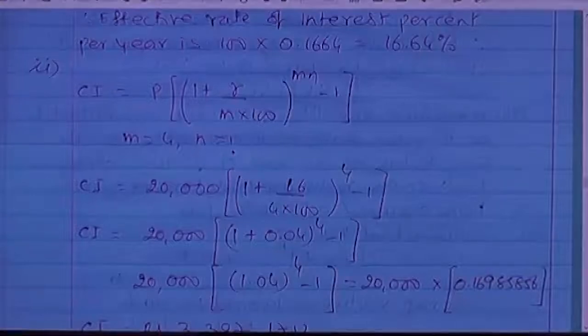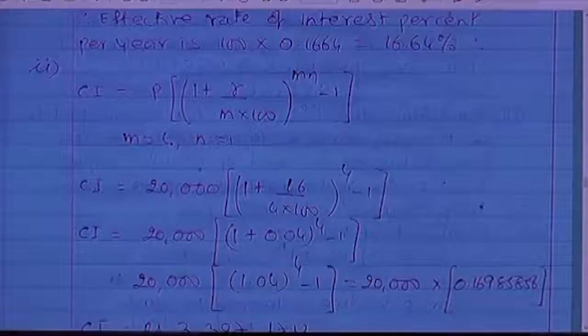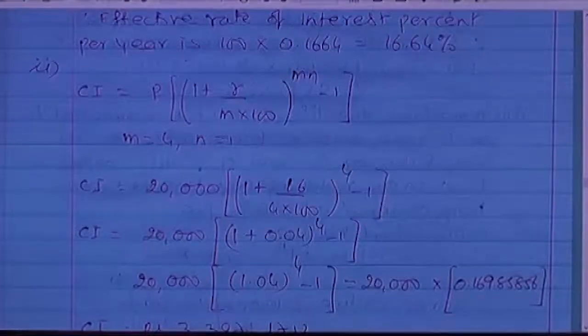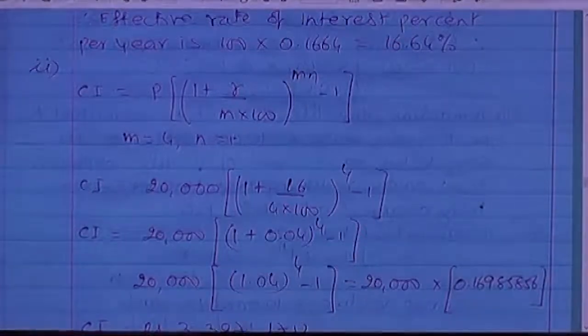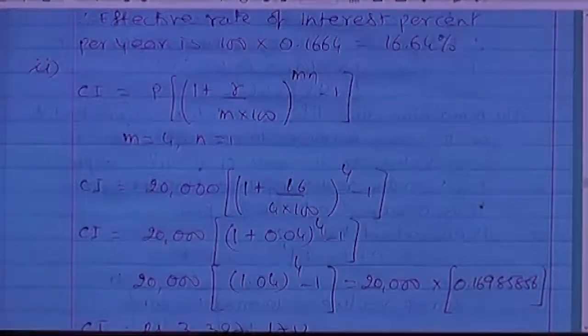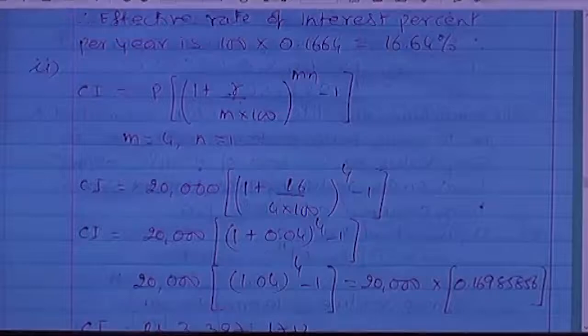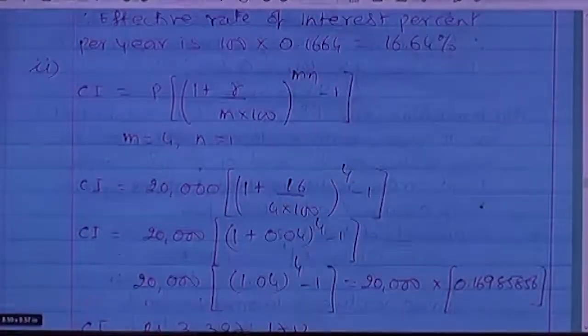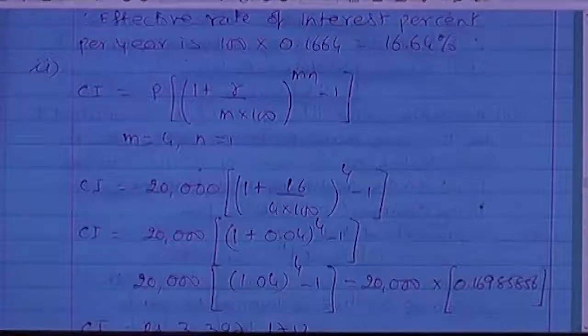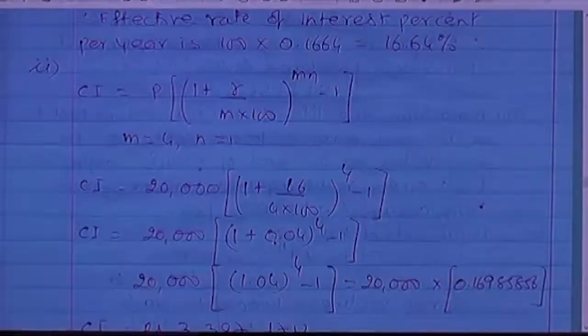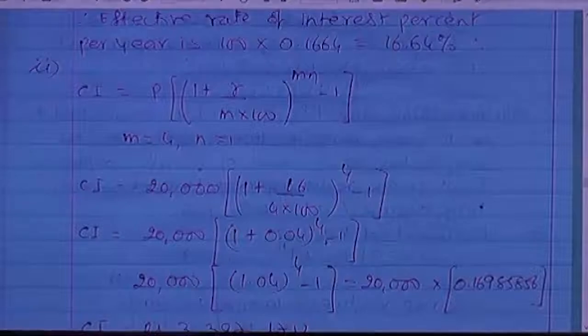Now m equal to 4 and n equal to 1 because it is compounded quarterly. So when it is compounded quarterly, what will be your compound interest? The formula is P times 1 plus R upon m into 100 raised to mn minus 1. Substituting the values m equal to 4, n equal to 1 and P equal to 20,000, R is 16%. We get compound interest equal to 20,000 bracket 1 plus 0.04 raised to the power 4 minus 1.